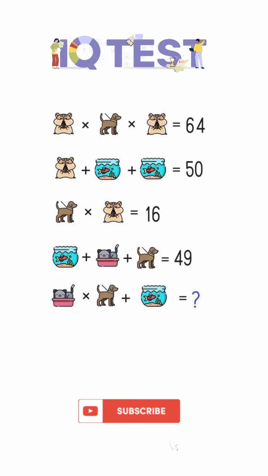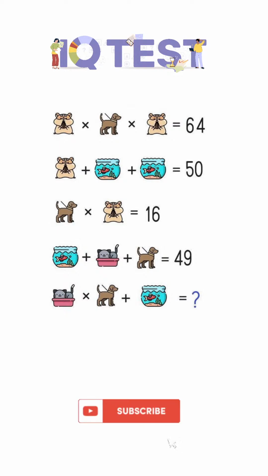I agree. So you have 23 plus 1 dog, which is 4. That will be 27. So 49 minus 27 will give us 22 for the cat. So the cat is 22. I agree.